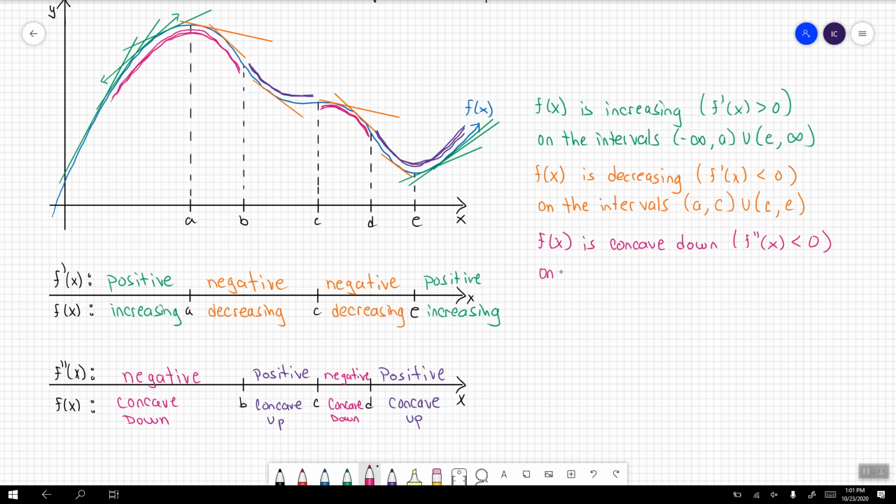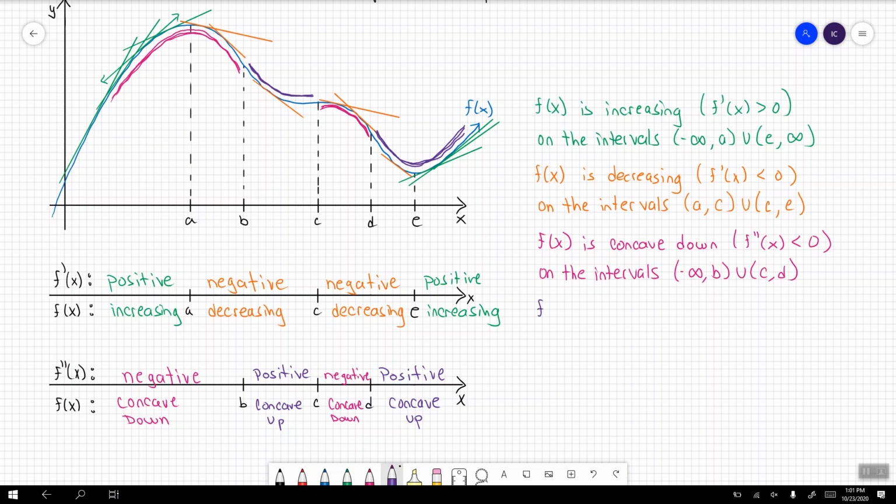And this is going to be on the intervals, for this case, from negative infinity to b, union from c to d.